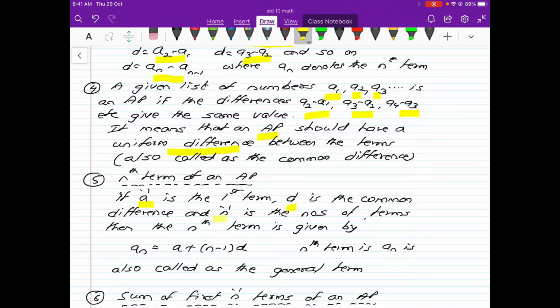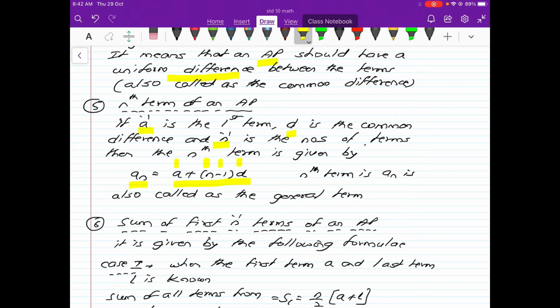Therefore the nth term is given by the formula A plus n minus 1 into D. Here A is the first term, n is the number of terms, and D is the common difference. So the nth term is called An. It is also called the general term.